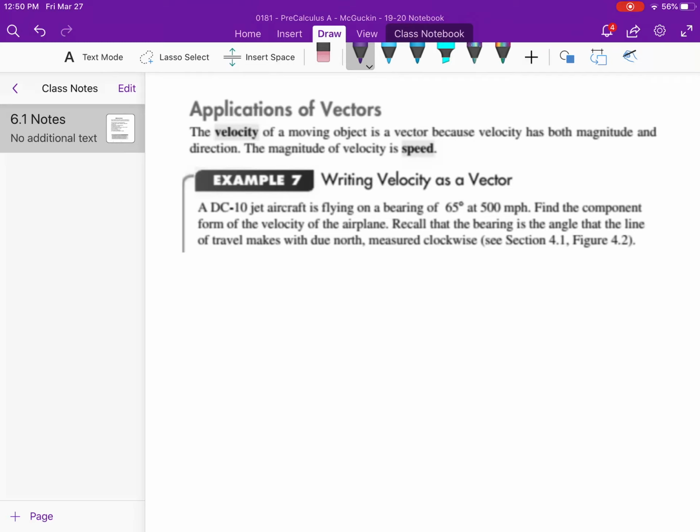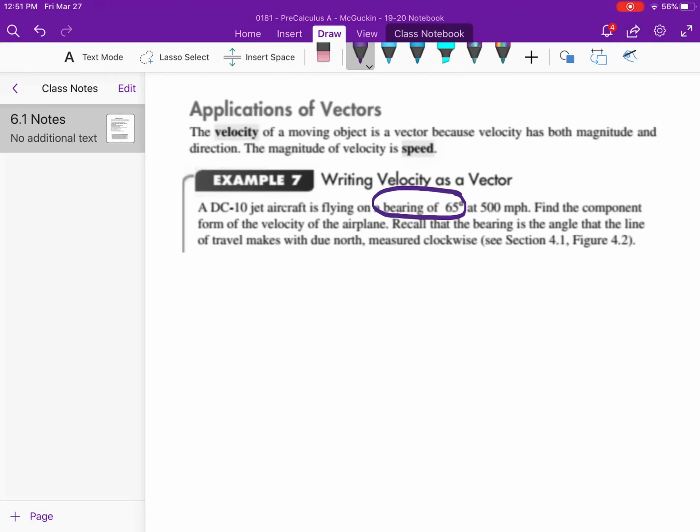It says a DC-10 jet aircraft is flying on a bearing. Let me stop for a sec and highlight that word bearing, because we are going to come up to a bit of an issue if we don't know what a bearing is. The bearing of an object is not just simply its angle of measure, so be careful. When you see this word bearing, it's also synonymous with the term course. The course or bearing of an object is sometimes given as the angle of the line of travel that is measured clockwise from due north.